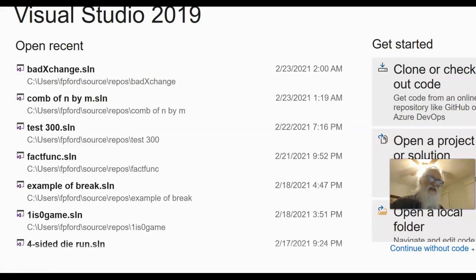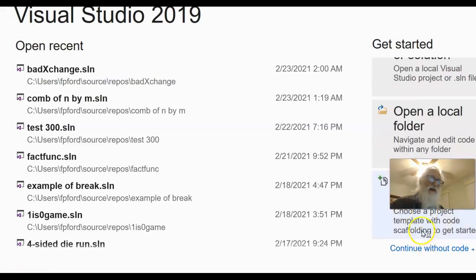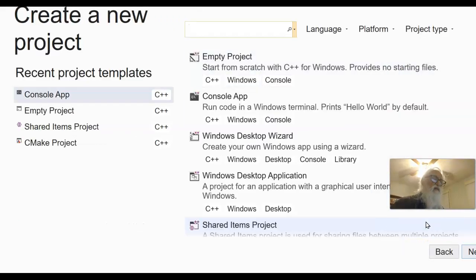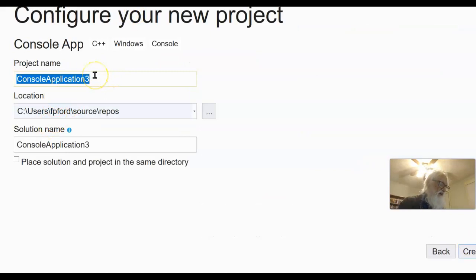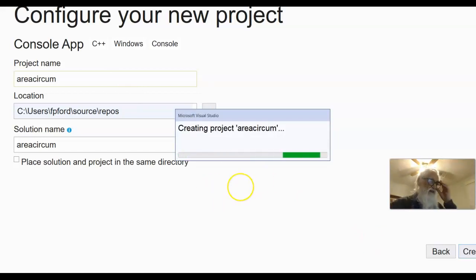I'm going to start a new project, and I'll call it area circum. Let's see it. Okay, here it goes.